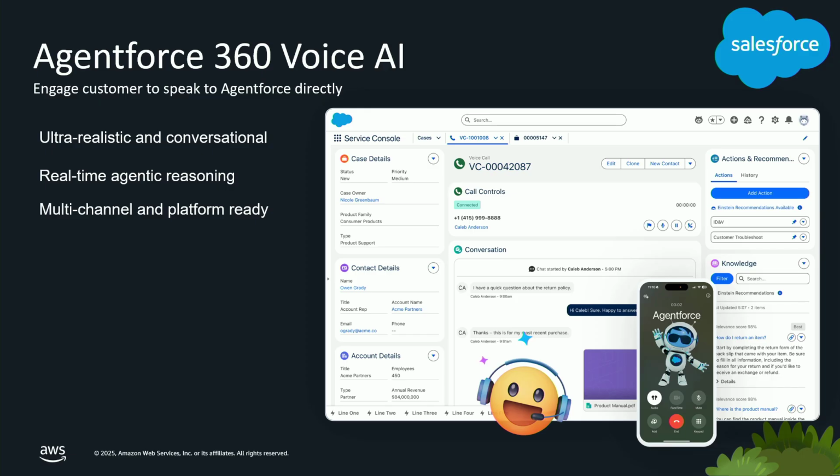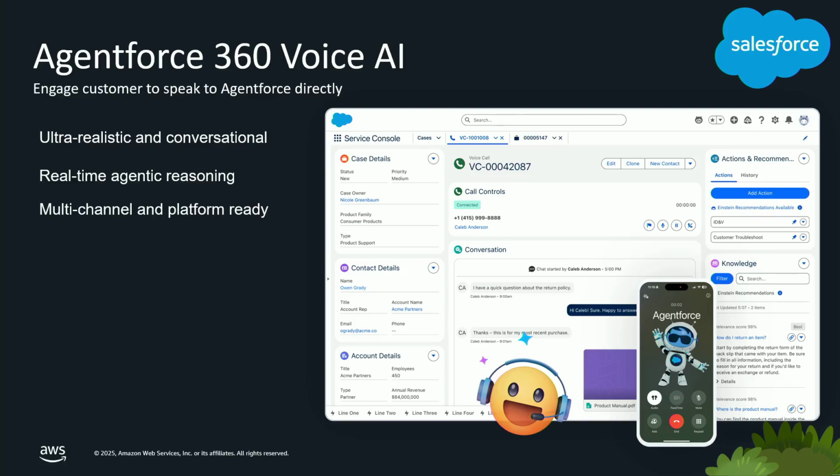And we introduced a wide variety of voices to represent a customer's brand. We have audio caching, interrupt handling, and activity detection to make the entire voice experience fluid and natural. On top of that, our speech-to-text and text-to-speech models will perform entity detection and redaction for any security issues.